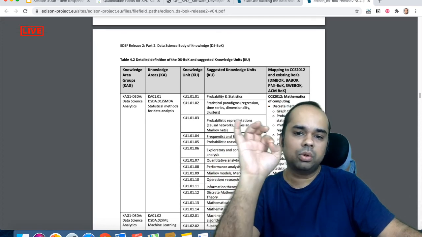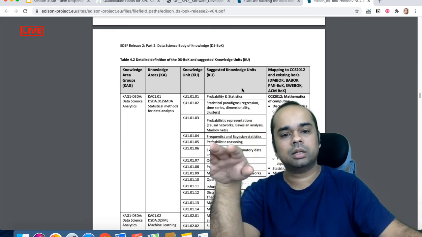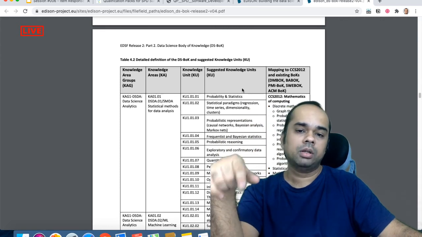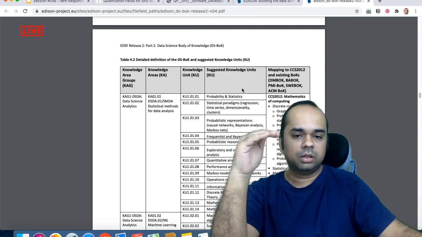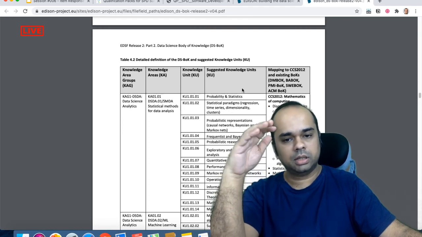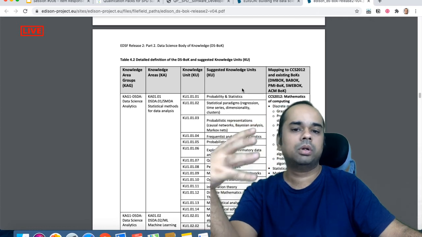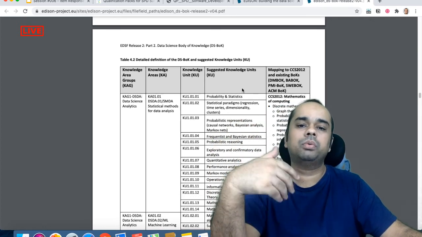What I want to bring your attention to is the 3-level hierarchy: knowledge area group, knowledge area, and knowledge unit. The way they have broken down a subject, the taxonomy and hierarchy they have tried to establish, documenting the body of knowledge under this subject, is something I want you to take over here.